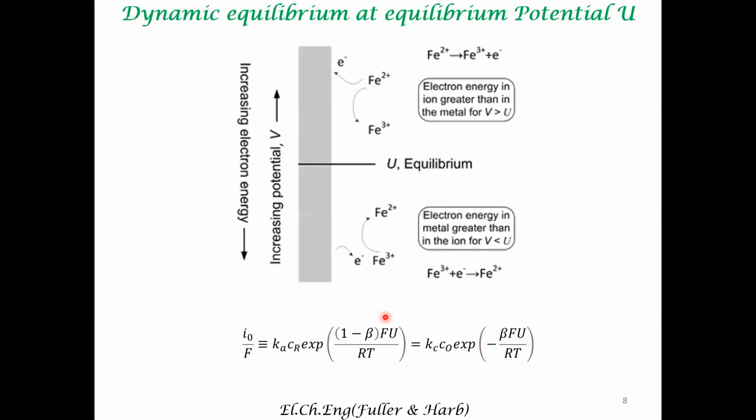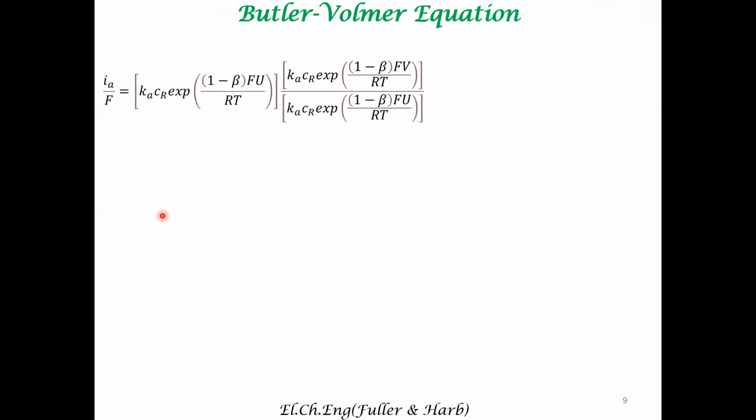Using this expression for exchange current density, I'm going to write the anodic currents at a given potential V. So this anodic current is a function of potential V. We are now not at equilibrium.